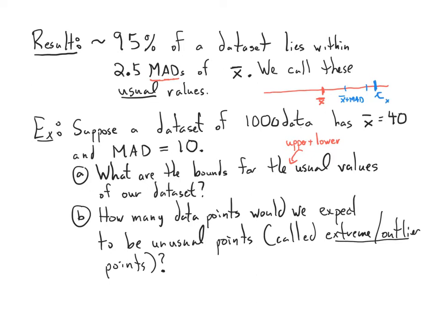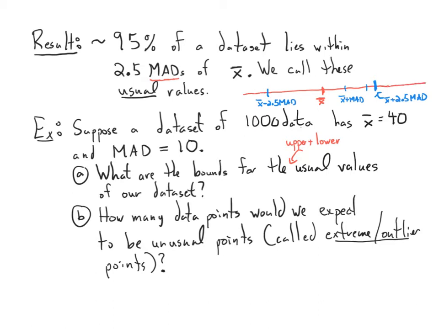So this is the mean plus 2.5 MADs. And on the other end, we have the mean minus 2.5 MADs. Remember, mean absolute deviation is just the average distance of each data point to the mean.